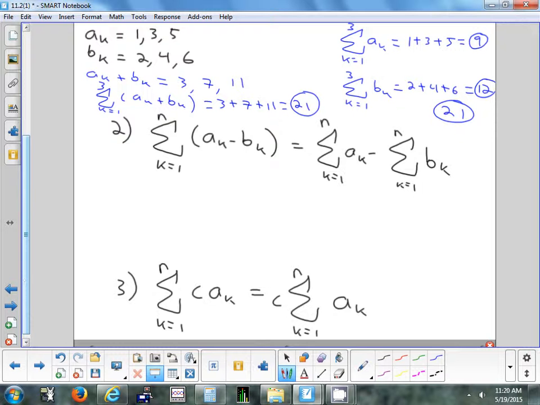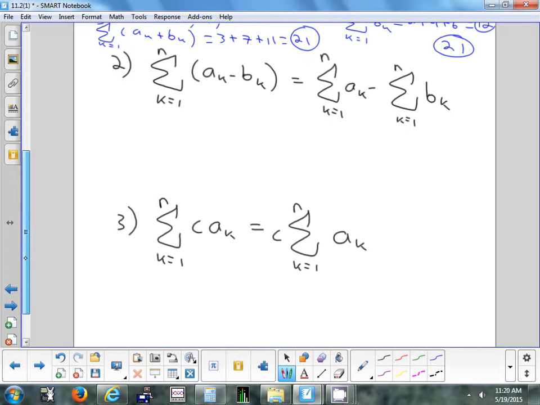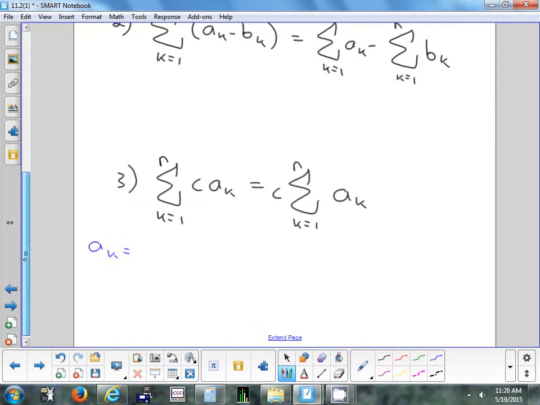Okay, and the third rule has to do with multiplying a sequence by a constant. This one I'll show you. Let A sub k be exactly what it was before: 1, 3, 5. Let C equal 2.